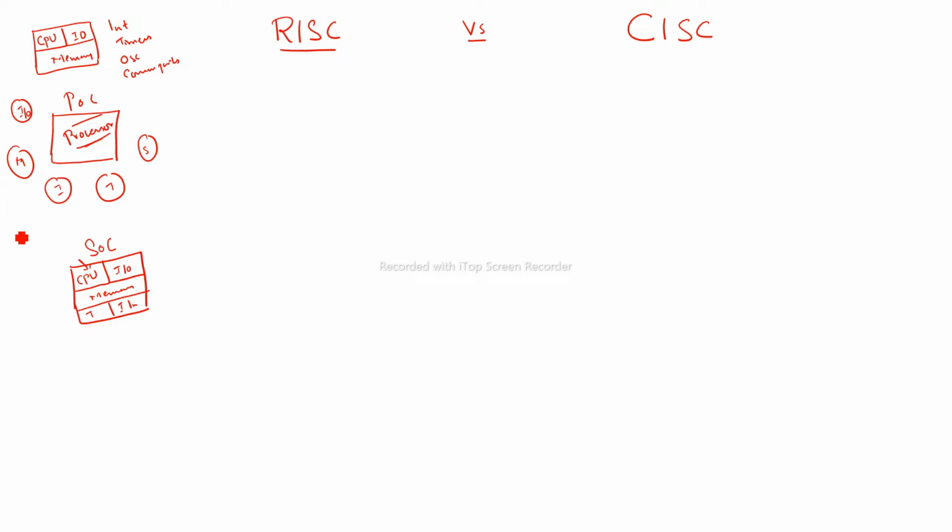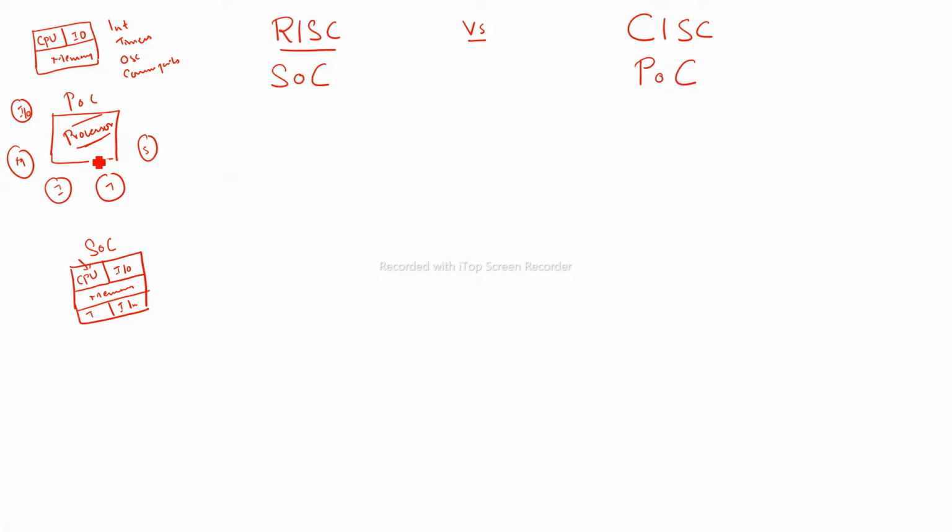To reduce the complexity of the processor, I need a different instruction set. That is what we are going to study in the reduced instruction set computer and the complex instruction set computer. The reduced instruction set computer makes it possible to have a system on chip, and with the complex instruction set computer, we have a processor on chip.